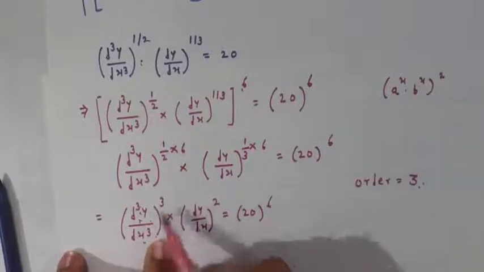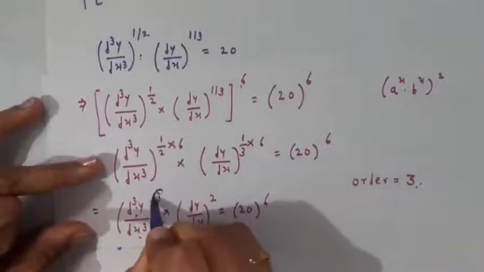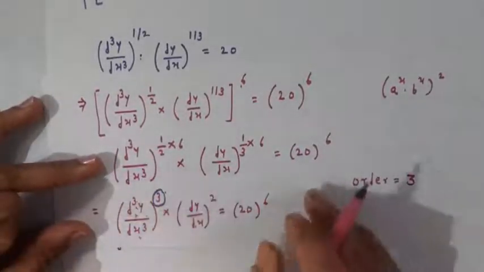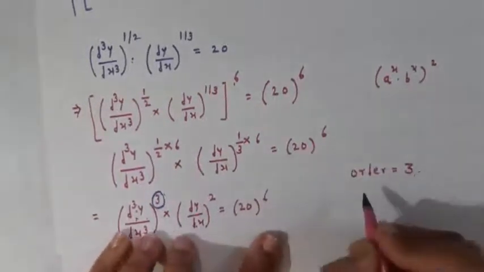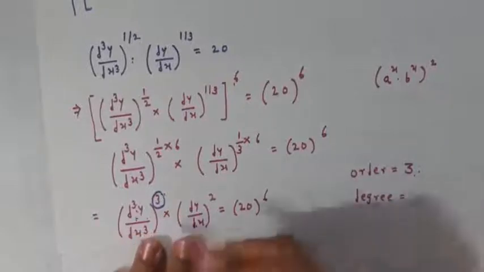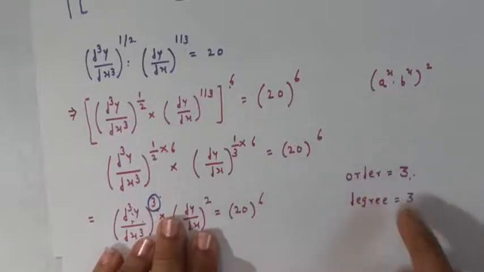Now what is the power of the highest order derivative? This 3 is the power, and degree means the power of the highest order derivative, which is also 3. So the order is 3 and the degree is also 3.